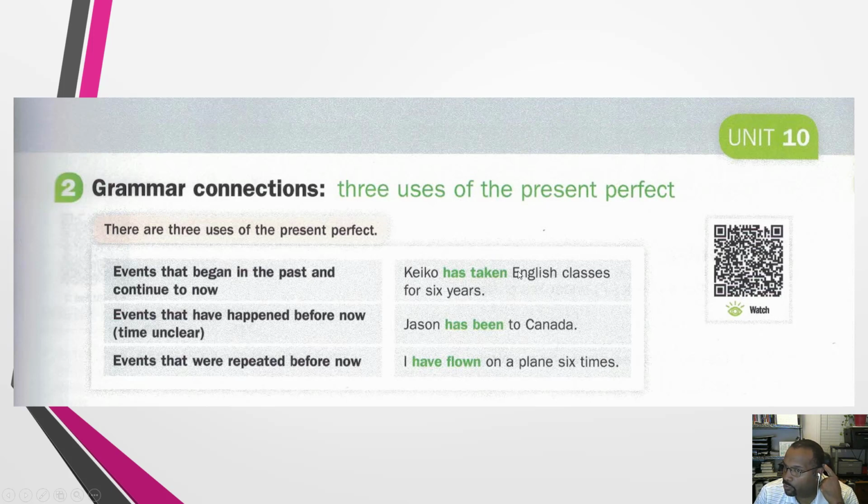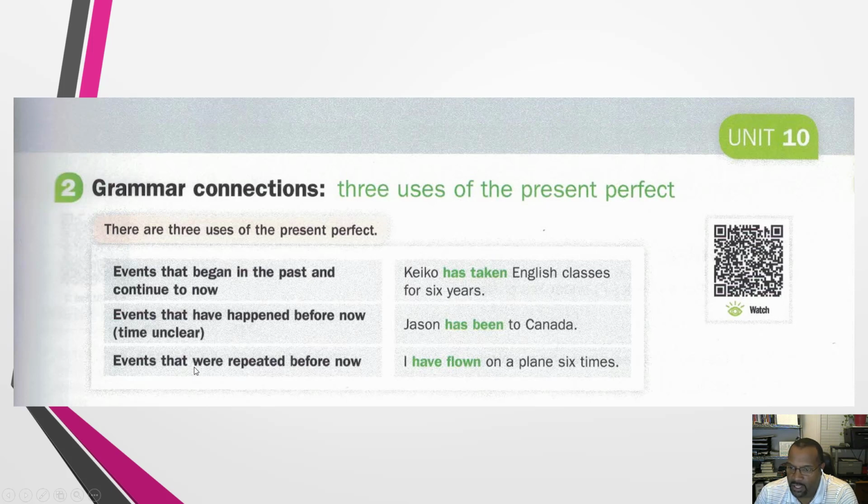So the 3 uses of the present perfect: events that began in the past and continue to now. This is the most used version of present perfect tense. This is the one you're going to hear the most in the English language. The next one is events that have happened before now at a time in the past that's unclear.